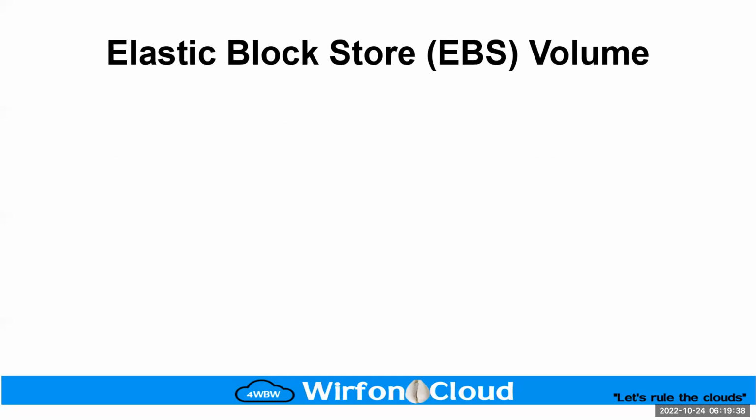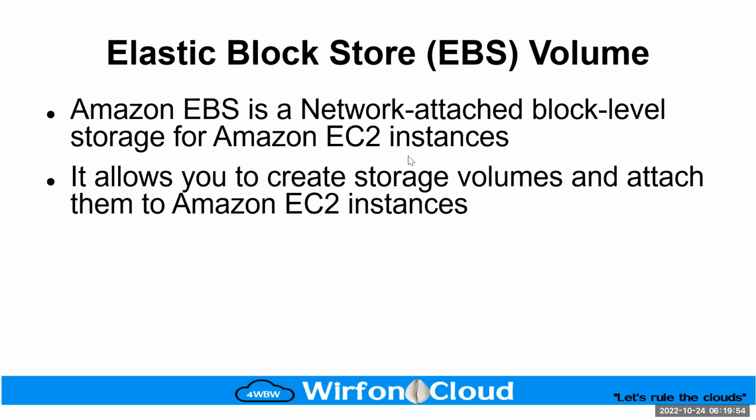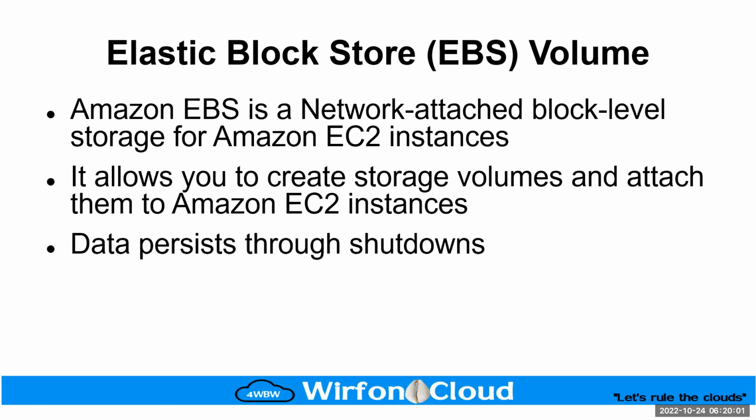So moving up with Elastic Block Store, also known as EBS volume. Amazon EBS is a network attached block level storage for Amazon EC2 instances. It allows you to create storage volumes and attach them to an Amazon EC2 instance. Data would persist even through shutdown or EC2 termination.